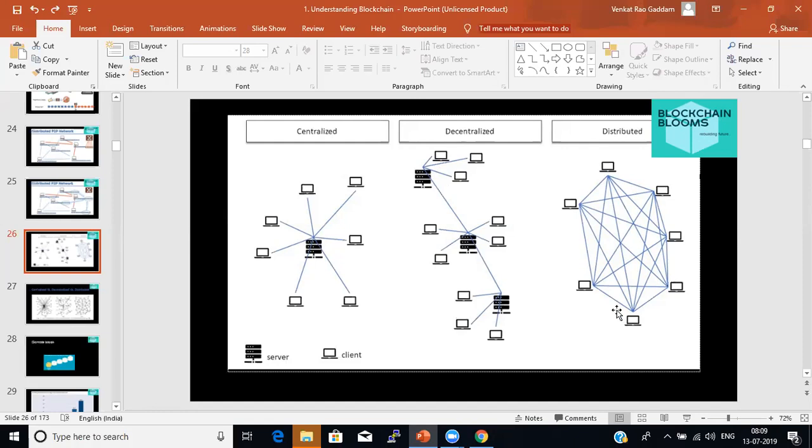Suppose someone tampers with data over here. The other systems in the network have their own copy, and if he tries to modify it, he has to broadcast whatever he tampered with to all the other systems.